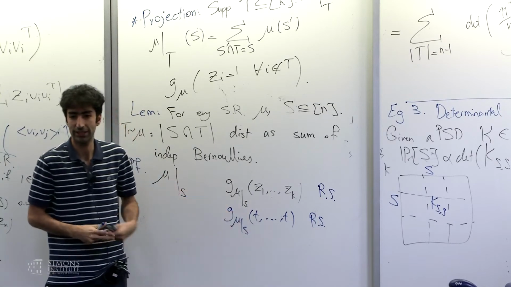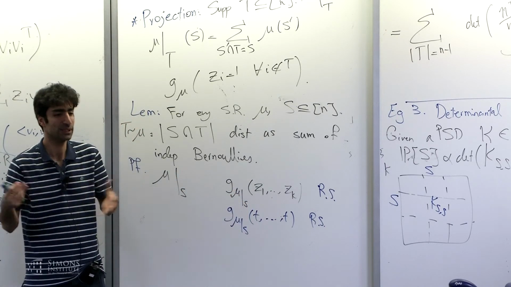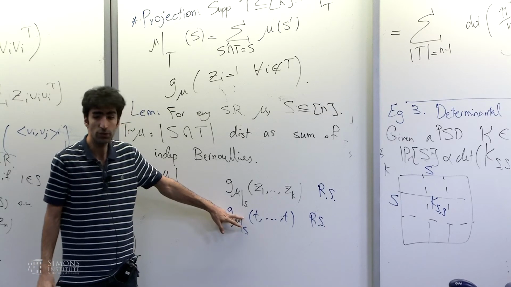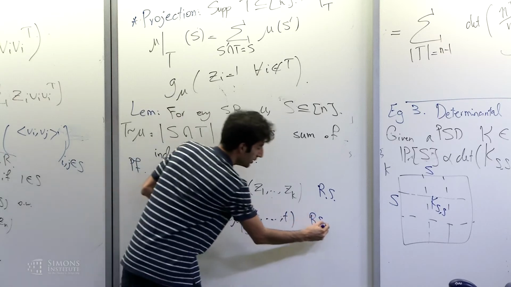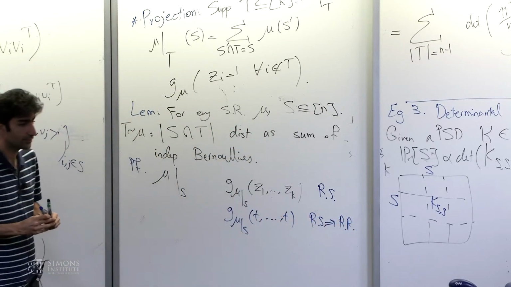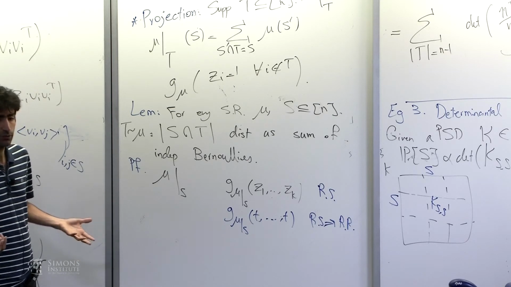Remember, we're closed under symmetrization. If I substitute for Z2 the variable Z1, I still have a real stable polynomial. But now this is a univariate polynomial. It's real stable, so it must be real rooted. Now I have a real rooted polynomial with non-negative coefficients.